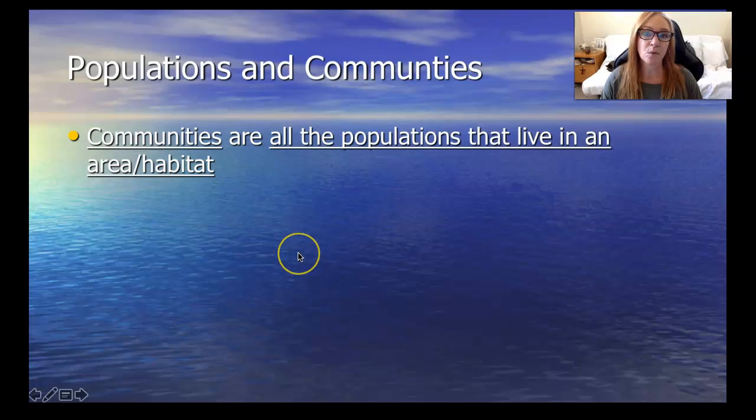Let's talk a little bit more about how populations and communities act. Communities are all of the populations of living things in an area, habitat, or ecosystem, whatever you want to call it. That's everything from the animals, the bacteria, the plankton, the algae, any vascular plants if we're in that kind of environment. So all of the living things in an area are called its community.